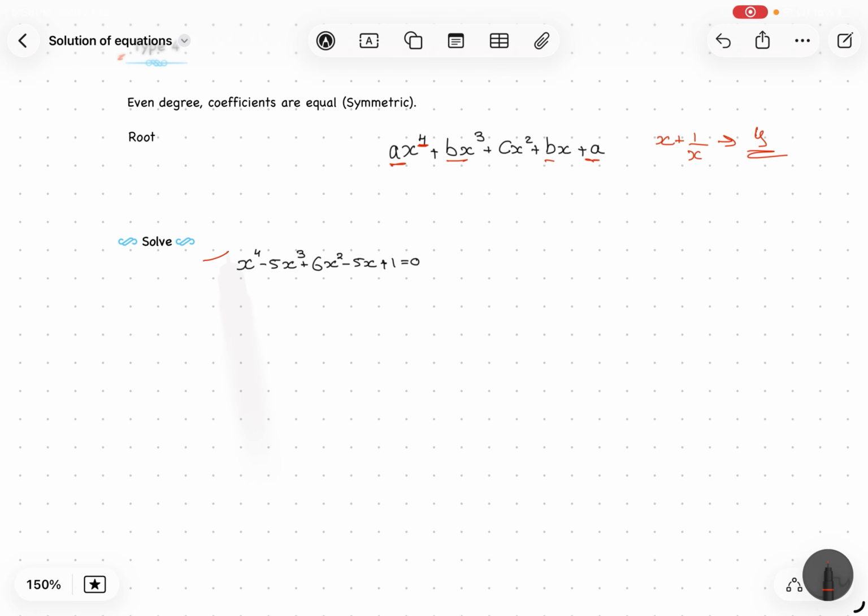Let's solve the given question. If we see the coefficients, then we get to know this is the type 4 of reciprocal equation. So let's divide this equation by x square. x to the power of 4 by x square minus 5x cubed by x square plus 6x square by x square minus 5x by x square plus 1 by x square, which is equals to 0.